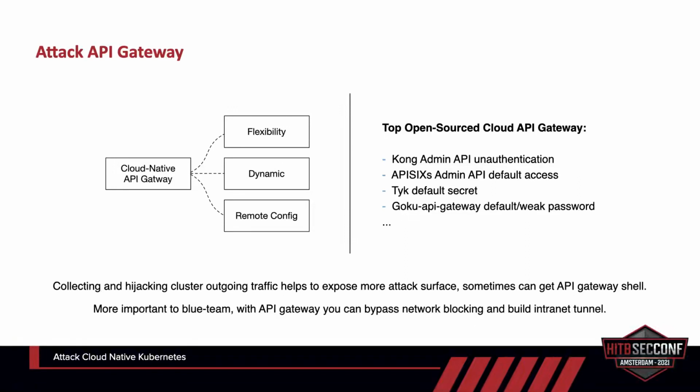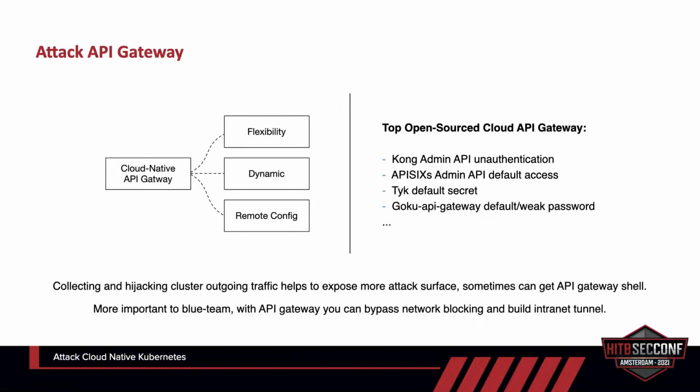Many projects of solutions in the open source branch can access the admin API remotely. The second most popular API gateway project, API 6, has a default access key, and the red team can easily get a shell by running Lua code.